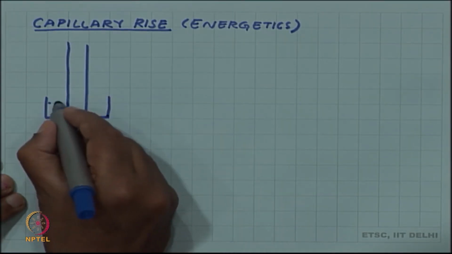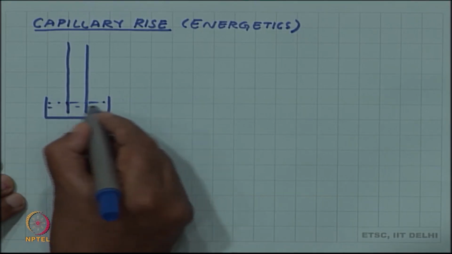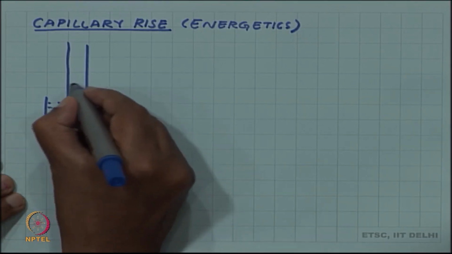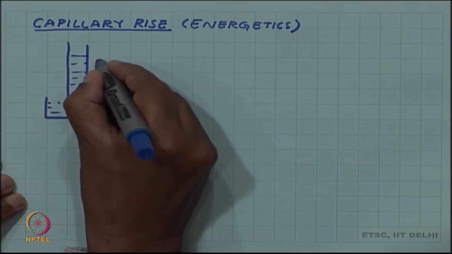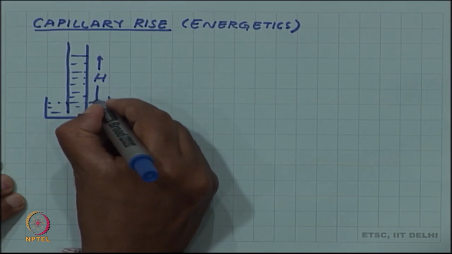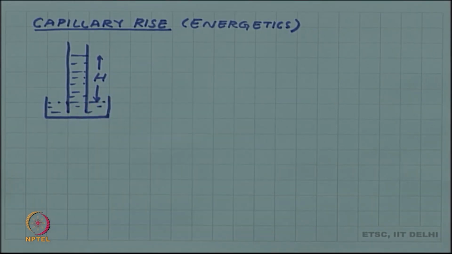Let us have a tube, and this is the height h of the liquid column in the capillary tube.